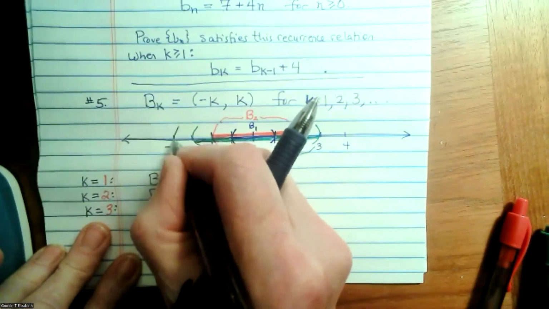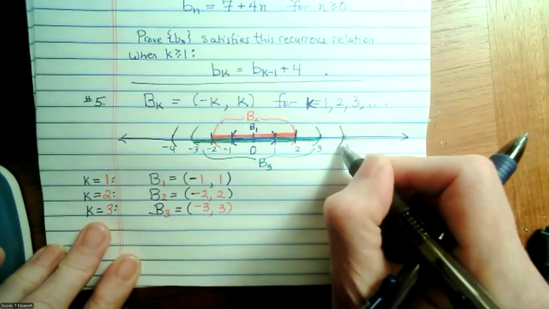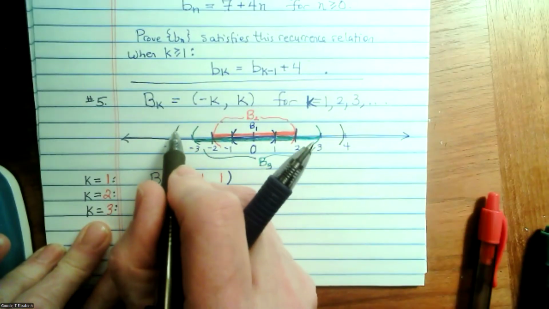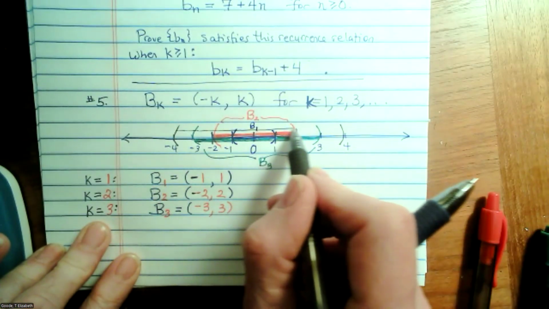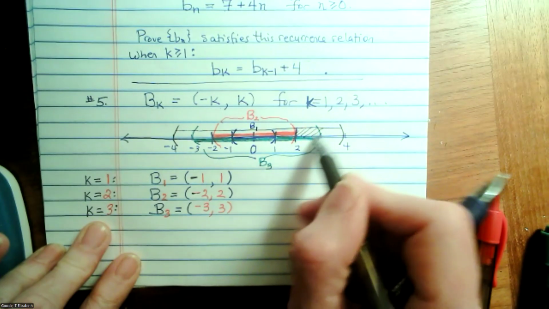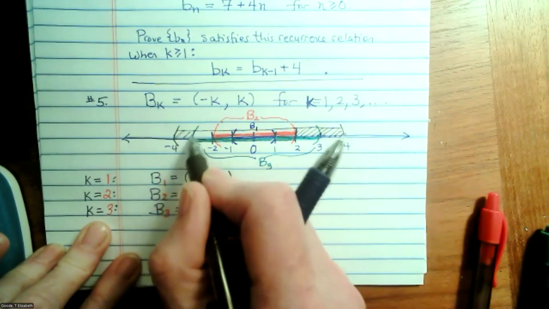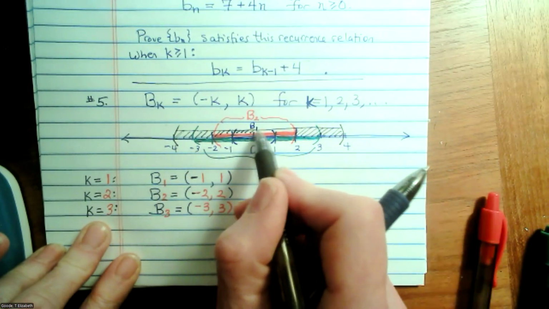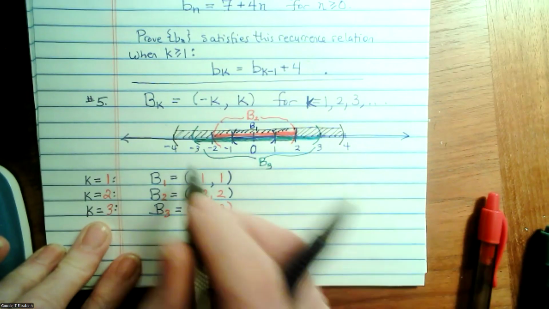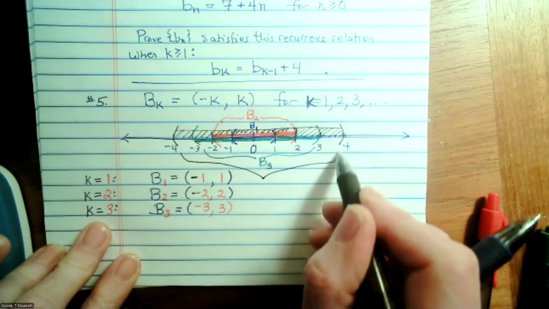And then b sub 4 goes from -4 to 4, but doesn't include the -4 or the 4, but it includes everything in between, right? Yep.